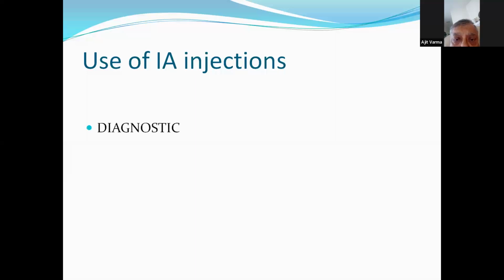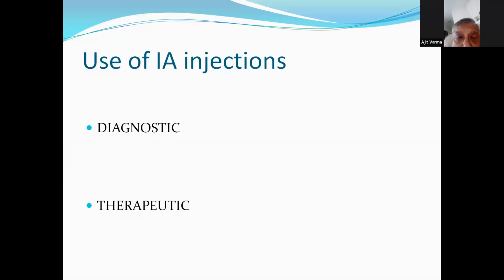Use of intra-articular injection: when we use intra-articular injections, it's mostly a therapeutic procedure, but sometimes we use it as a diagnostic way of treatment. Sometimes in deep-seated joints, like when a patient complains of pain around the groin, it's very difficult to diagnose whether it is arising from the piriformis, the SI joint, or the hip joint. So that causes a diagnostic confusion.